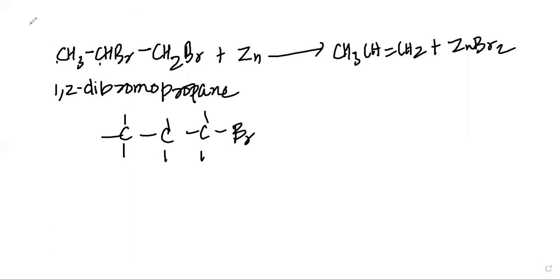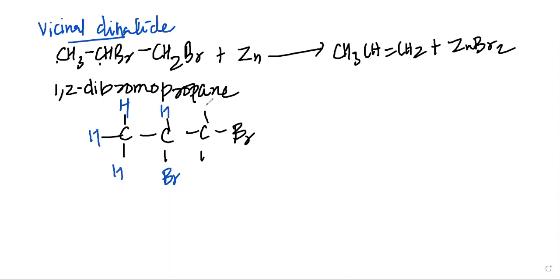Please remember that this compound is a vicinal dihalide. This compound is vicinal dihalide because two bromines are present on the neighboring carbon. You can see that this is the first bromine, this is the other bromine, and here we have all H. Now, my dear students, when this compound is allowed to react with zinc, we have two bromines.